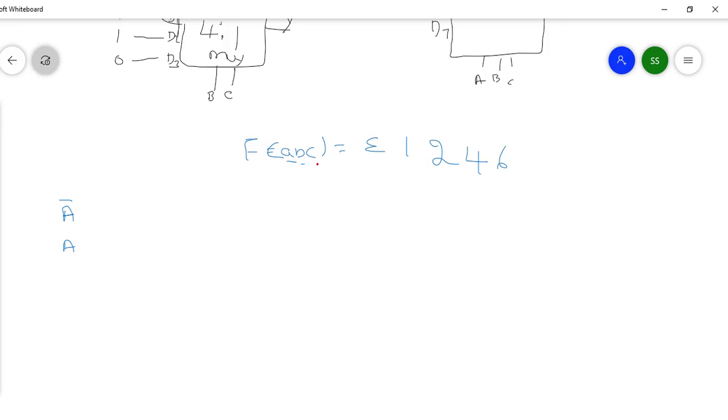Here ABC is 3 bit, right? This MSB bit A you have to take, that is A bar, A. Okay, then take like this D3, D2, D1, D0. Okay, and from here start the values like 0, 1, 2, 3, and similar way 4, 5, 6, 7.